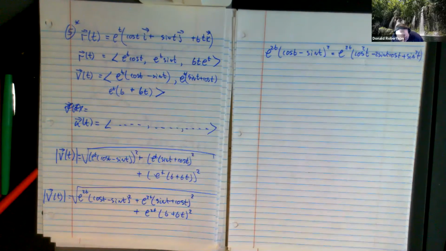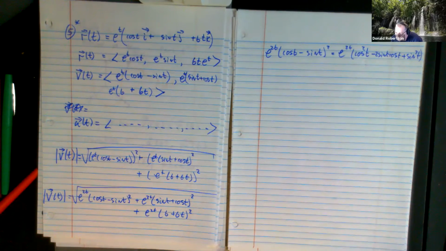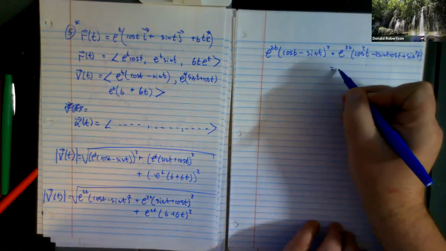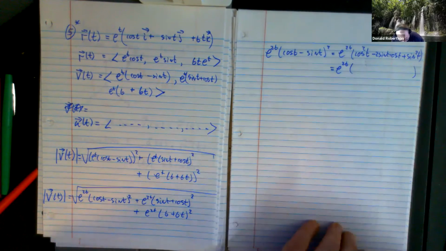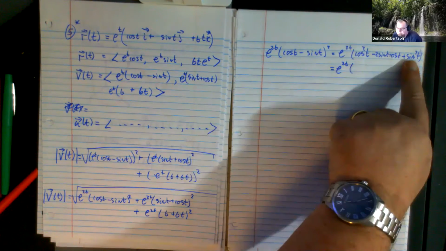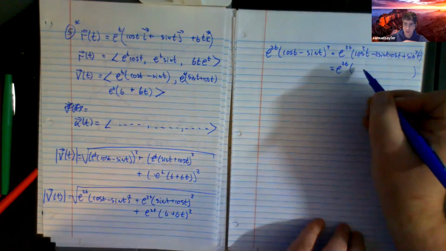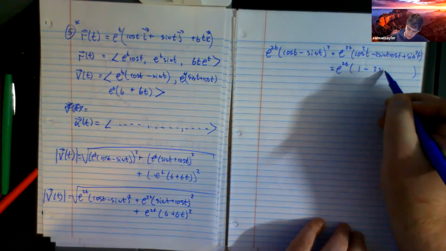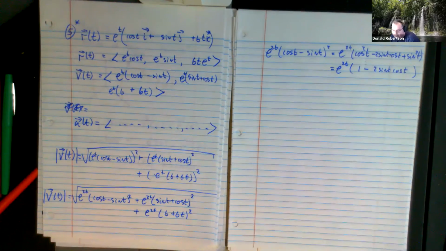Are you comfortable with the FOIL getting me that? Okay. Is there anything I can do to this before I move on to the next one? Cosine squared plus sine squared converts to 1. And it's not a lot, but every little bit helps. Would you agree? Every little bit makes it a little bit easier.